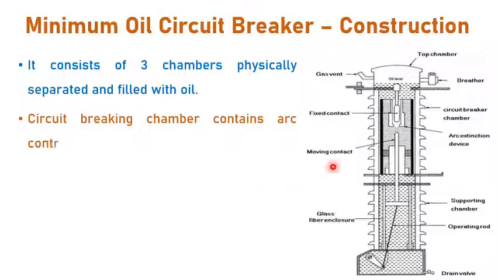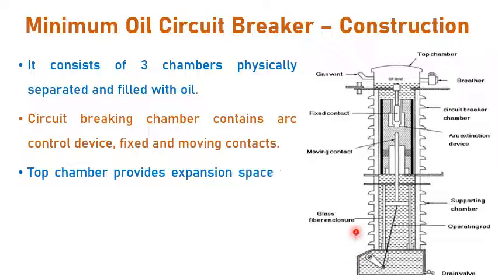The first one is the circuit breaking chamber, which consists of the contacts, fixed and moving contacts, and the arc extinction device or arc control device. And this is the top chamber, which is used for accommodating the additional, expanded oil. It provides the space for the expansion of oil.